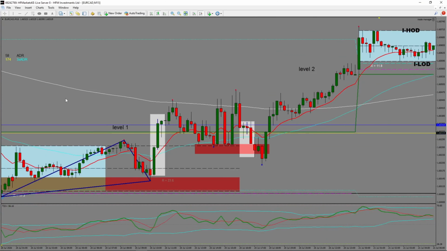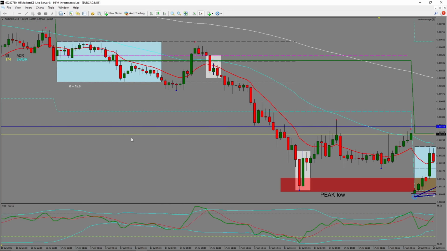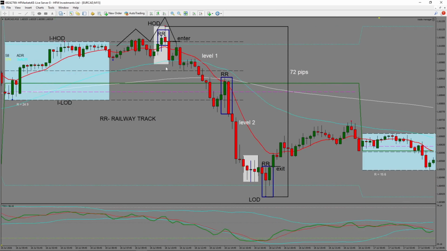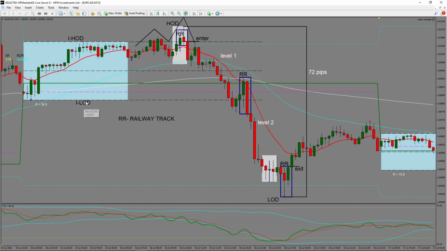Okay, this is not quite that beautiful. Okay, I want something nice. This one I had already marked, so you can see initial low of the day, initial high of the day. There was no vector.